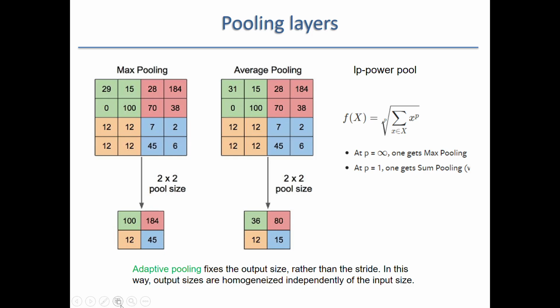If you do adaptive pooling, what you are fixing is the output size, and the stride will be such that the input size transforms into that output size with that stride. And that is used very often to homogenize the network independently of the input sizes.